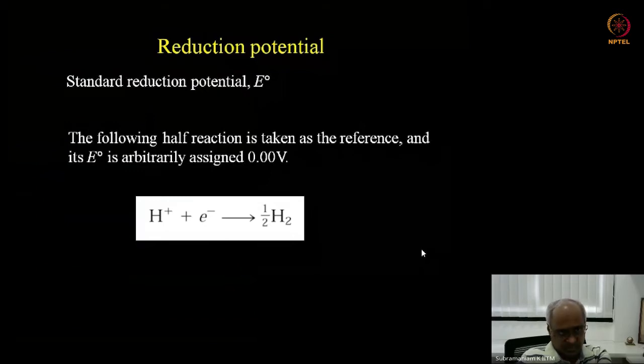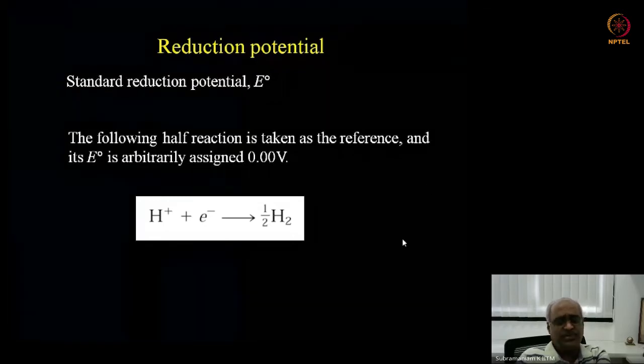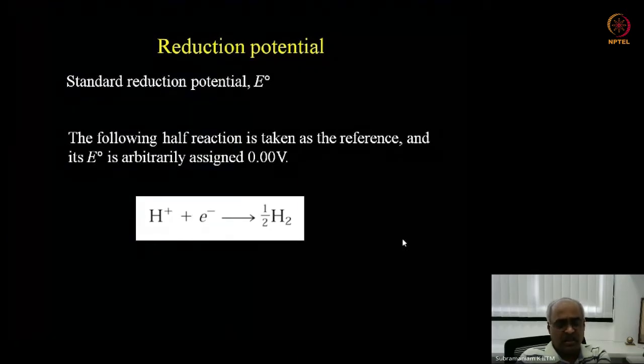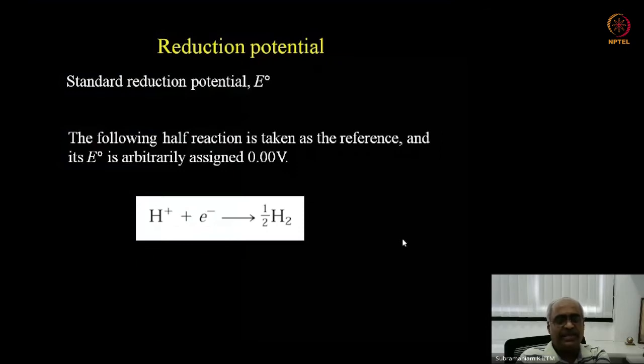For example, if the reduction potential for one molecule is low, it would readily lose electrons. If the reduction potential for one molecule is very high, it has high affinity for electron, so it's not going to get readily oxidized anymore. It's not going to lose electrons.